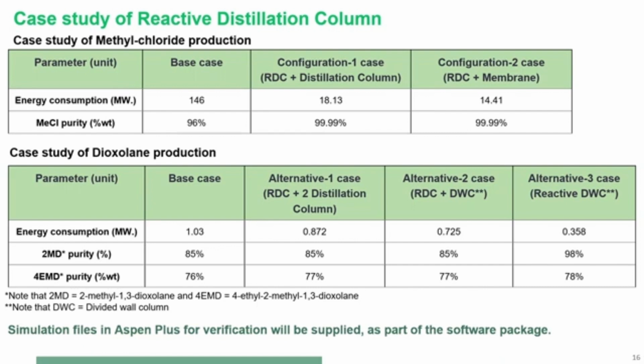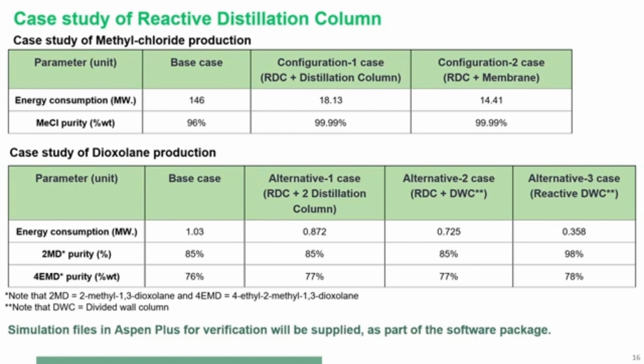By replacing the distillation column with a membrane, as shown in configuration 2 case, the energy consumption can be reduced to 14.41 MW. For the case study of dioxolane production, by applying the RDC, as shown in alternative 1 case, the energy consumption can be reduced from 1.03 to 0.873 MW.